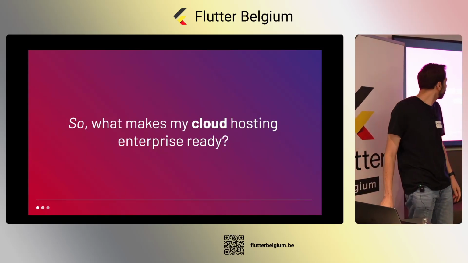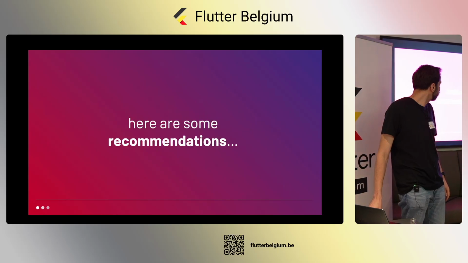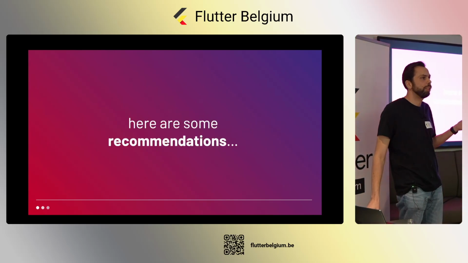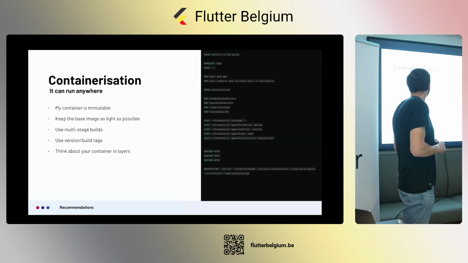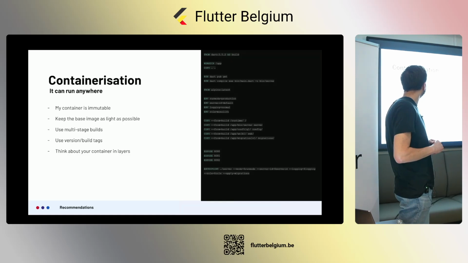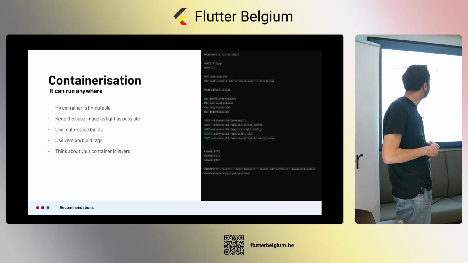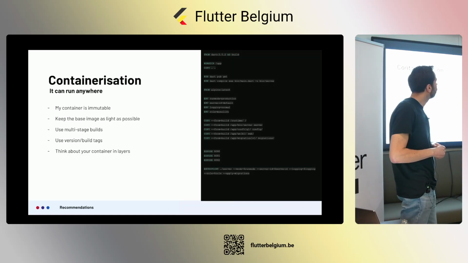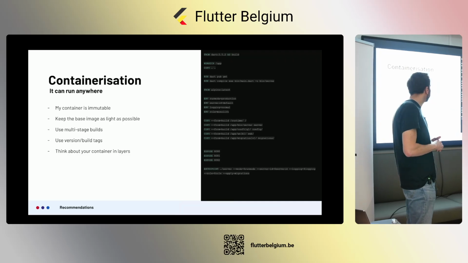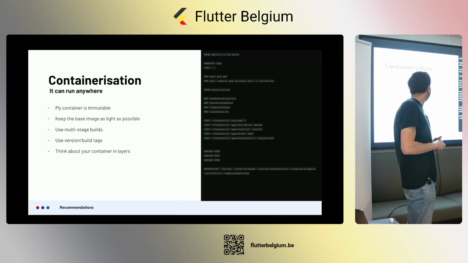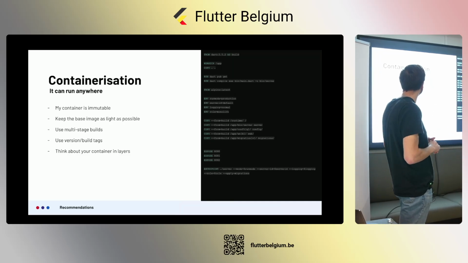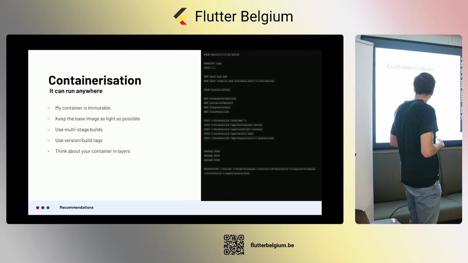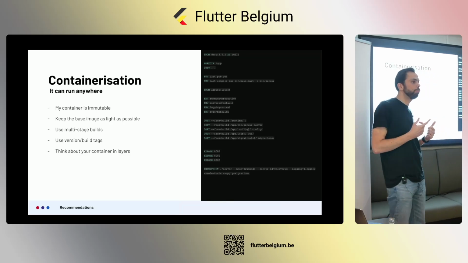So what makes your cloud hosting enterprise ready? I have some recommendations. First of all, containerization is a really interesting one. With Serverpod, for example, it comes out of the box. But what's important is that your container is immutable.